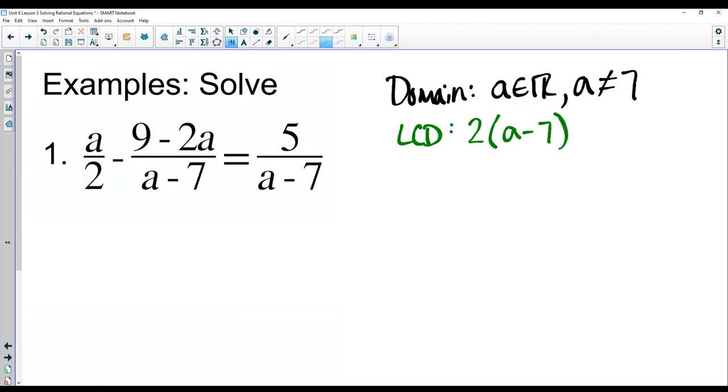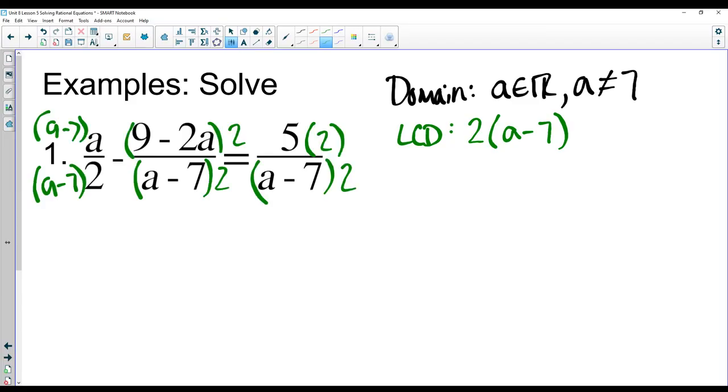So then again, we multiply everything by what it's missing, by parts of the LCD, and then simplify the numerator as much as possible. Now, for these equations, now that everything has a common denominator, our focus can be on the numerators. So what I do is I actually drop the denominators and focus on simplifying the numerators as much as possible.